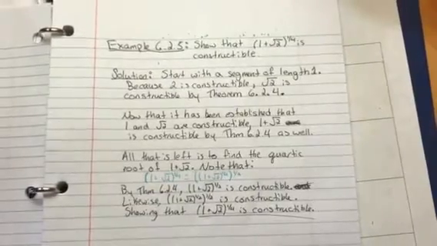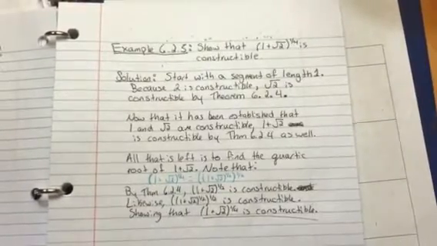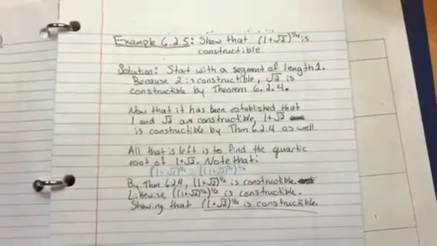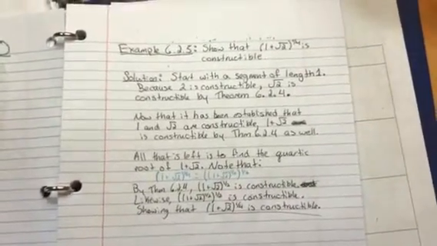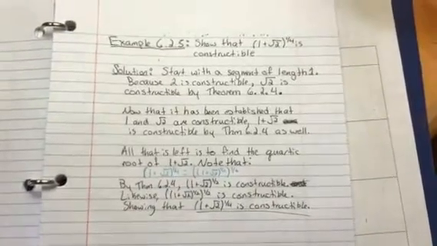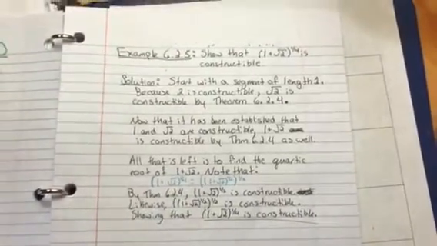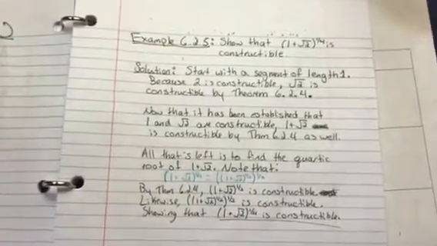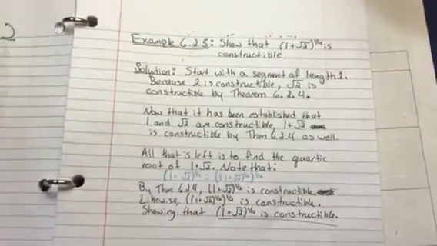So one question that I would like to raise, and maybe Dr. Useni can help with this, because I know theorem 6.2.4 states that the square root of a number is constructible, and by this example, obviously, so is the quartic root.